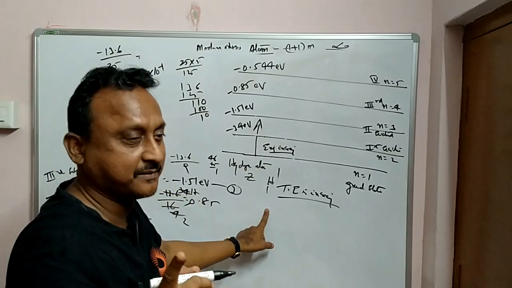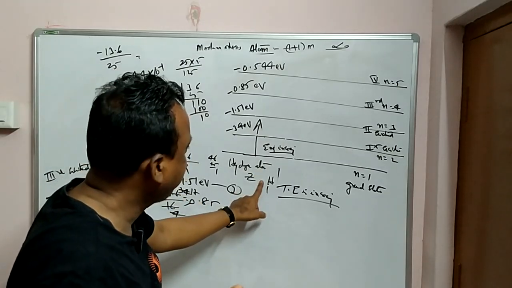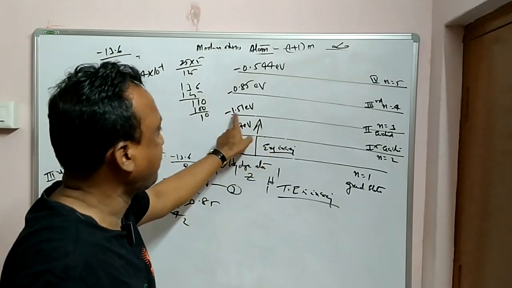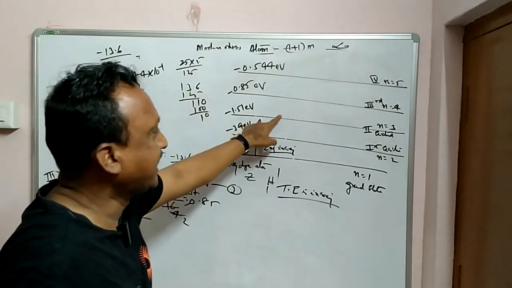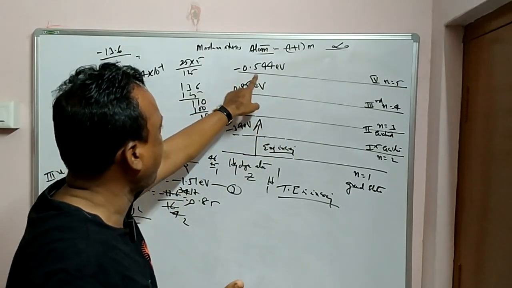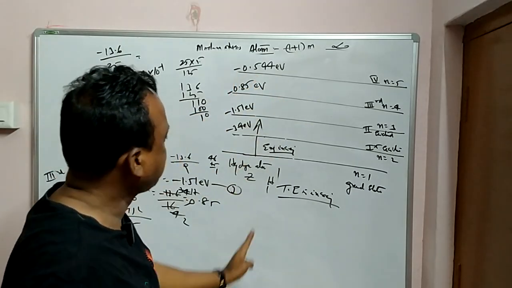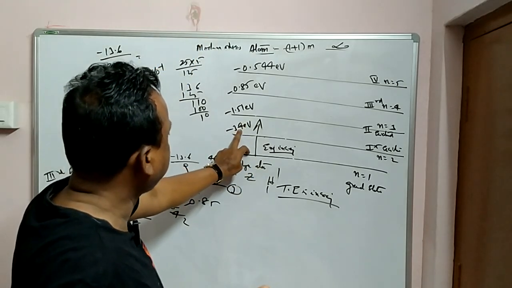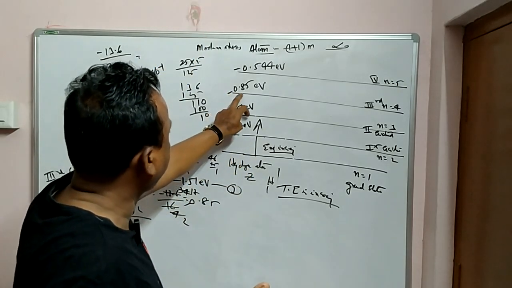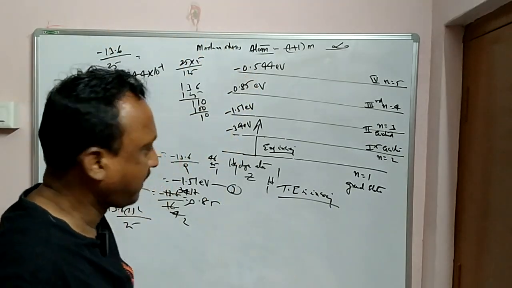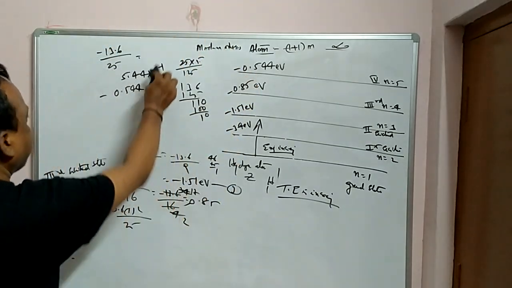Ground state of hydrogen atom minus 13.6 eV, first excited state minus 3.4, second excited state minus 1.51, third excited state minus 0.85, and fourth excited state minus 0.54. See, as you go to infinity from the ground state, the value is increasing: minus 3.4, minus 1.5, minus 0.85, minus 0.5, like that it is going towards 0.